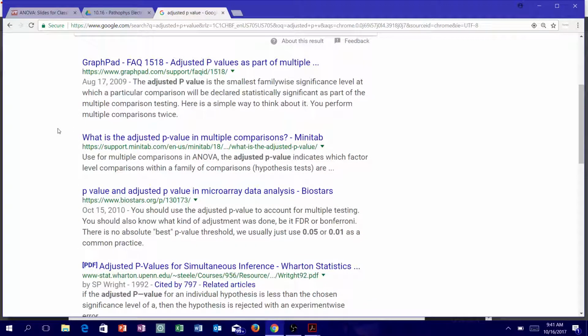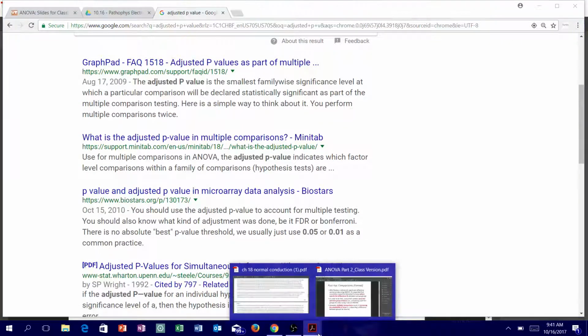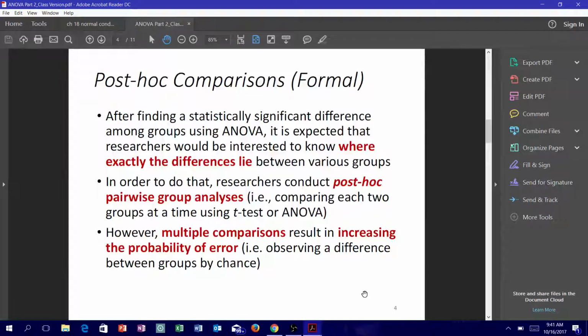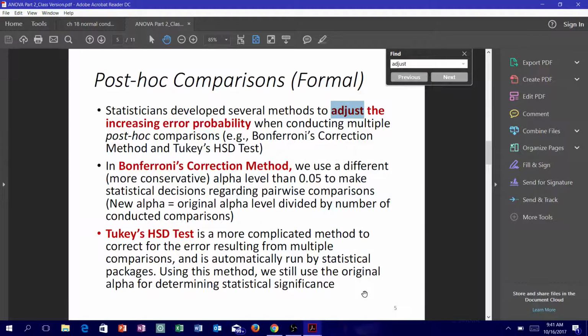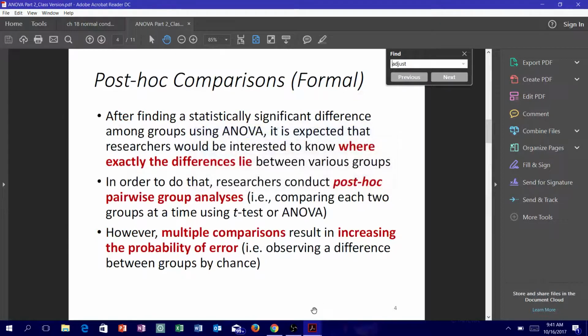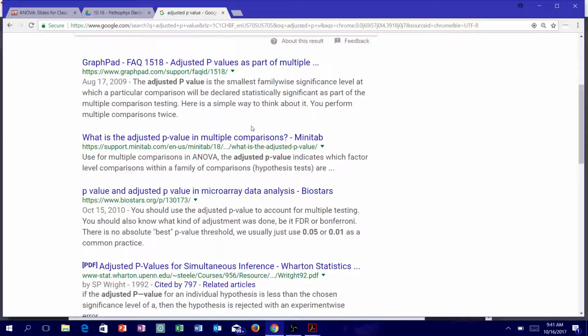But when you're running, in the same experiment, multiple comparisons between the groups, it would be unfair to use the same level of error because you're doing more work, and so the chance of committing an error is higher, right?